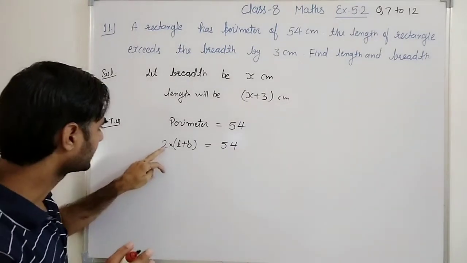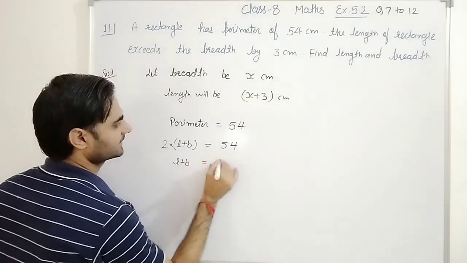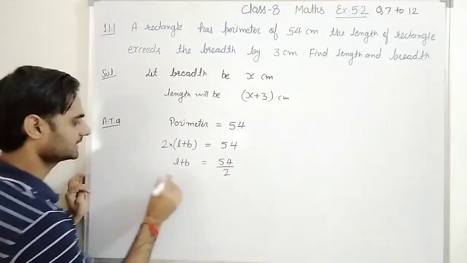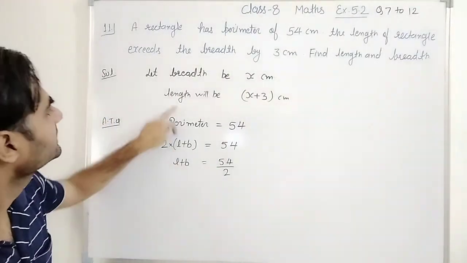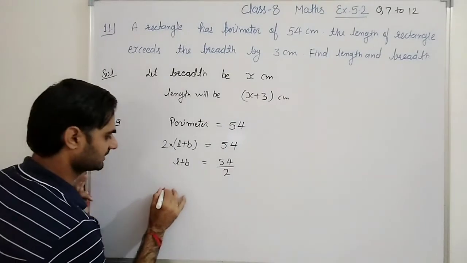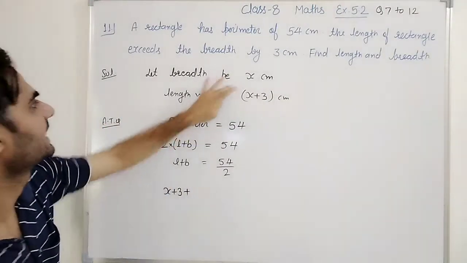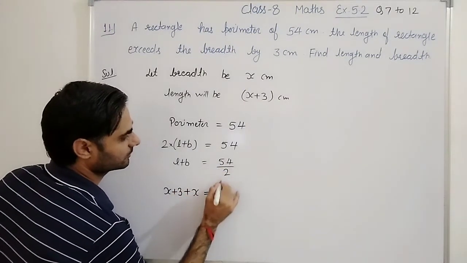Correct na? Can we divide these two here? So length plus breadth will be equal to 54 divided by 2, right na? So length क्या है? What is length? That is x plus 3. So can we write here x plus 3 plus breadth, which is x only, plus x is equal to, when we divide, what will come?